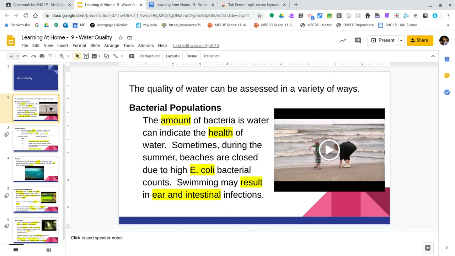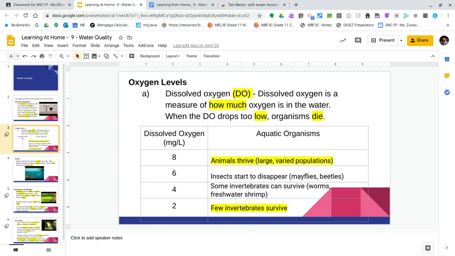So if you think about sometimes in the summer at the sandbanks, you'll hear that the beaches are posted and they're closed. And that's because of high bacterial counts in the water that can cause ear and intestinal infections. So that's one way that we can measure the quality of water, is to think about how much bacteria is in it. And just watch the little video that goes with that.